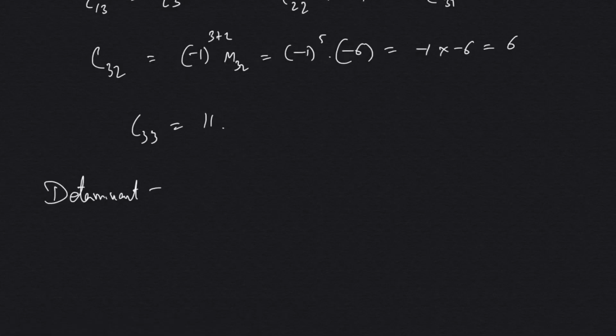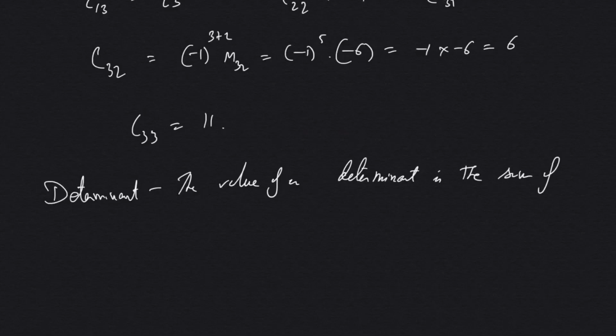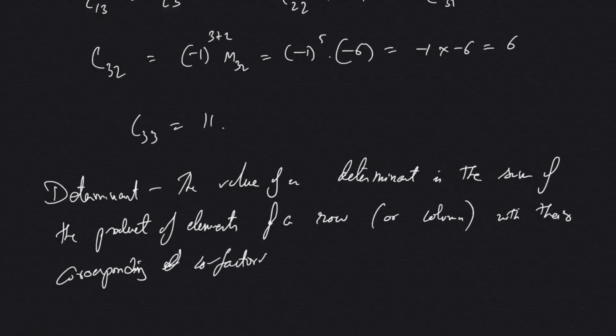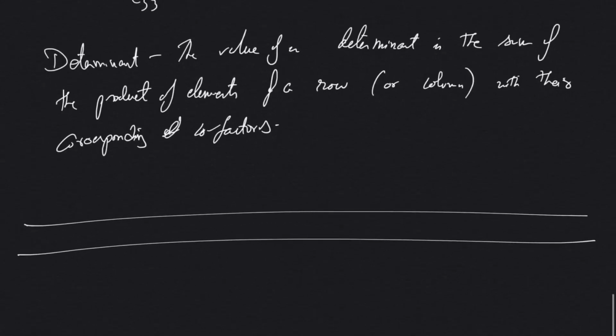The value of a determinant for higher orders is defined as the sum of the product of elements of a row or column with their corresponding cofactors.